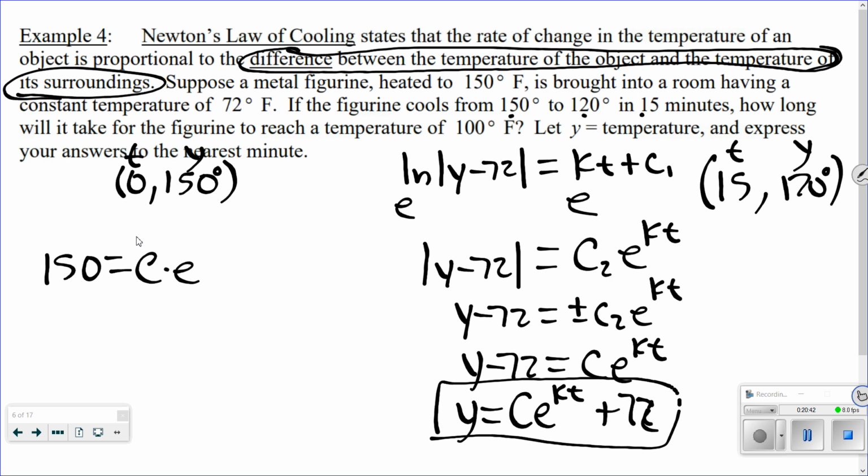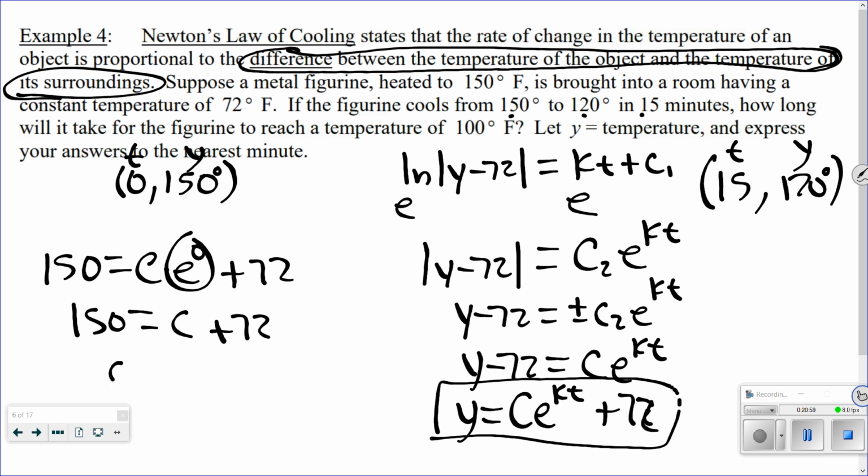T is 0, so k times 0 would be 0, plus 72. E to the 0 is 1, so I get 150 equals C plus 72, right? E to the 0 becomes 1, 1 times C is C, minus the 72 over. So I think C is actually, I don't think, now I know, C is actually equal to 78. So forgive me for that.